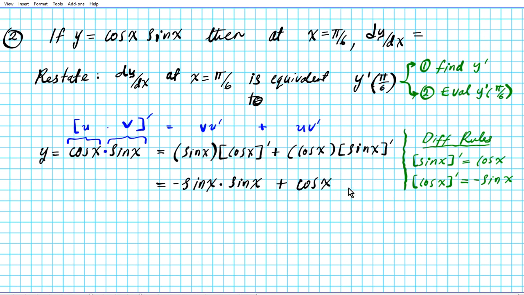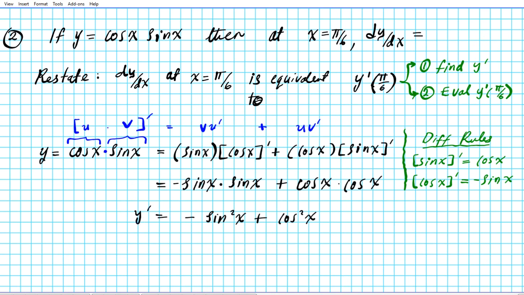The derivative of sine is cosine x. Okay, if we simplify, we have negative sine square x plus cosine square x. Okay, so this is y prime.